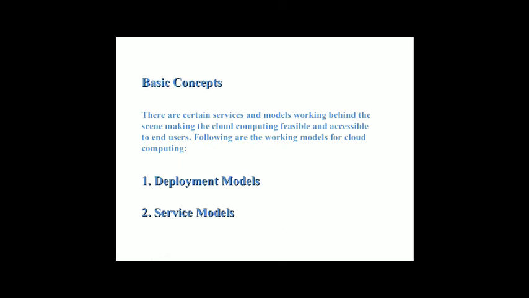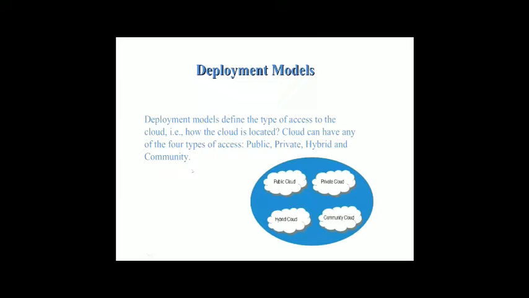We can divide the cloud into two models. The basic types of cloud are of two kinds: on the basis of deployment models and on the basis of service models. We classify the cloud on the basis of deployment models as public cloud, private cloud, hybrid cloud and community cloud.